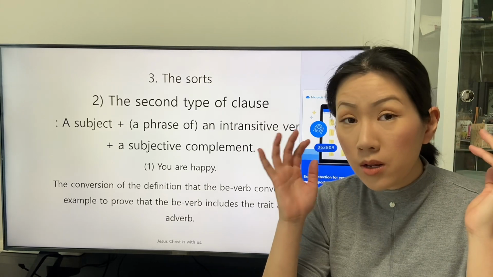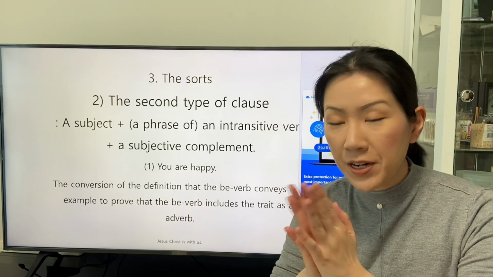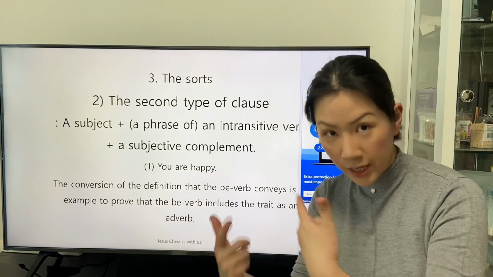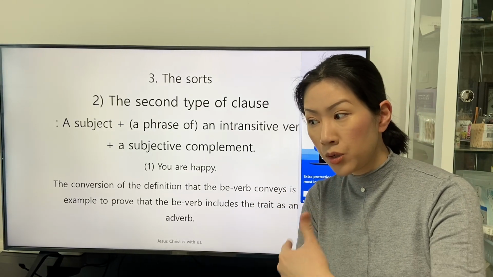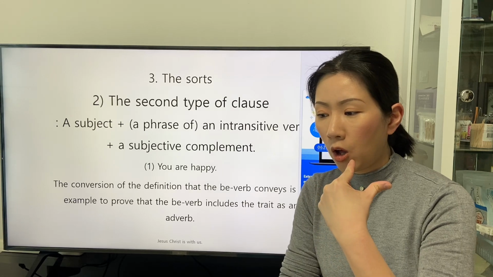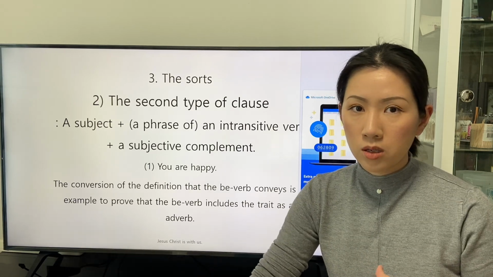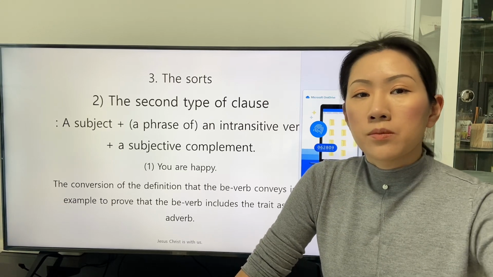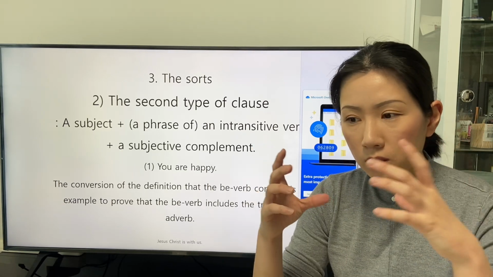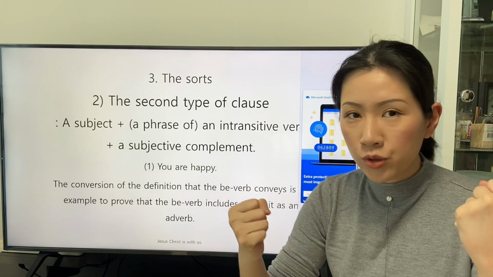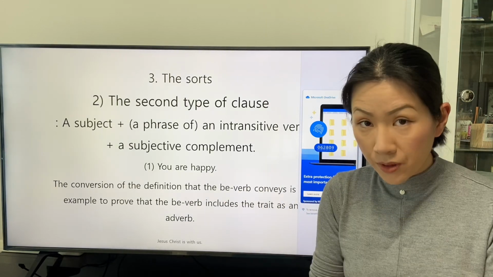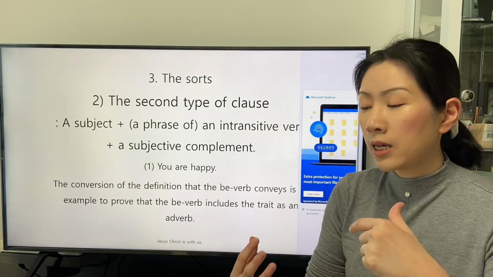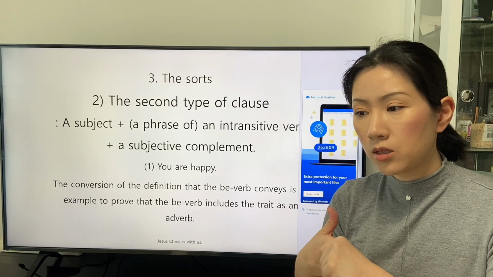This phenomenon, that the definition of a verb is changed into a profound one, is very special. This phenomenon can be understood from the fact that the be verb is constituted.